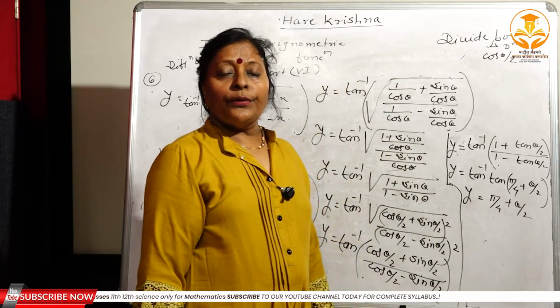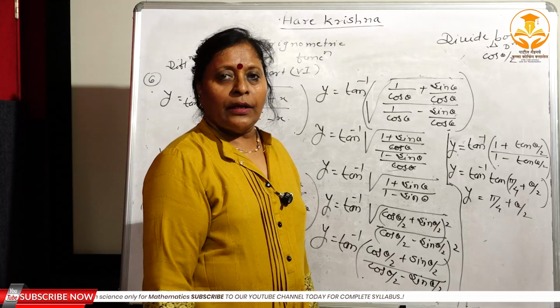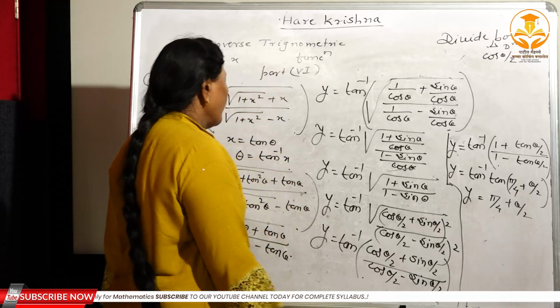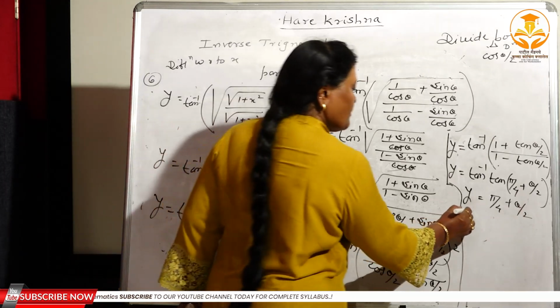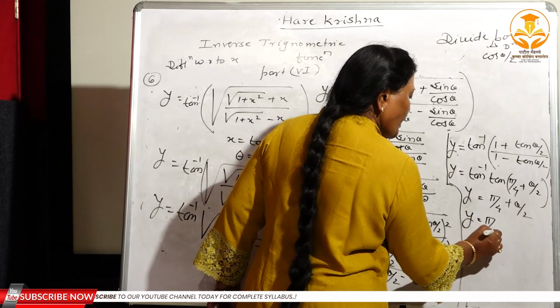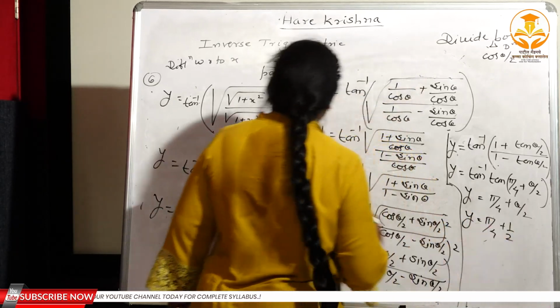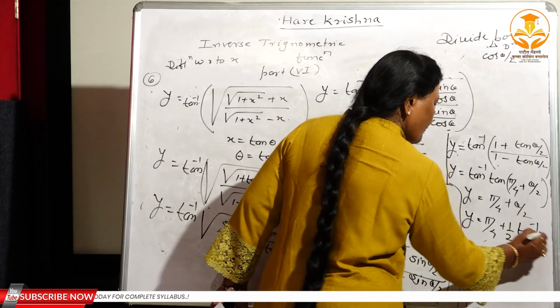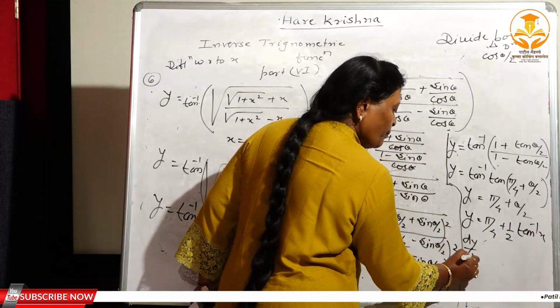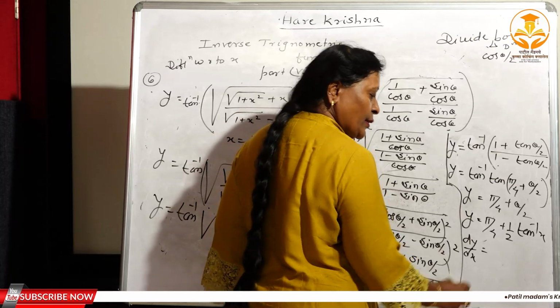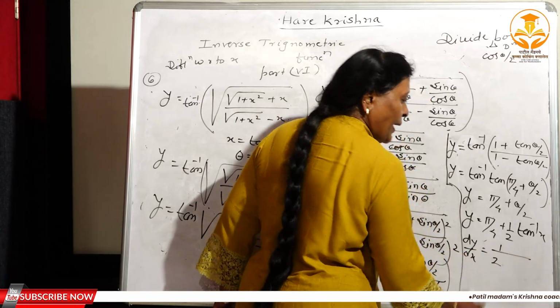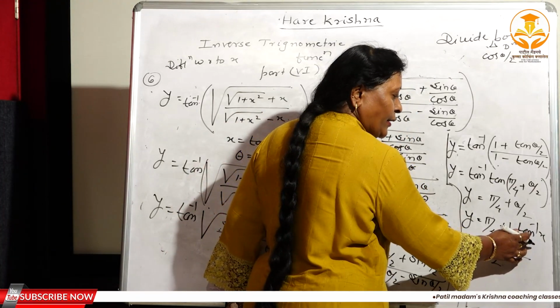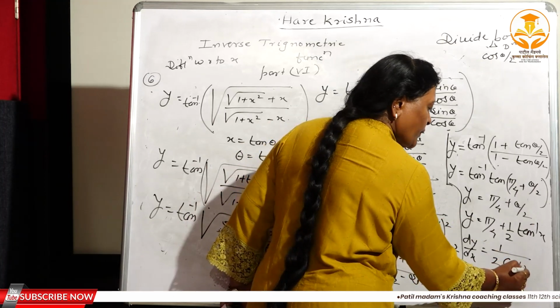But again, you have to differentiate with respect to x. Therefore, the theta you have to convert in the form of x, that is y is equal to pi by 4 plus 1 by 2 remains as it is, and the theta is nothing but tan inverse of x. Therefore, dy by dx, the derivative of pi by 4 is 0, 1 by 2 remains as it is, and the derivative of tan inverse x is 1 upon 1 plus x square.